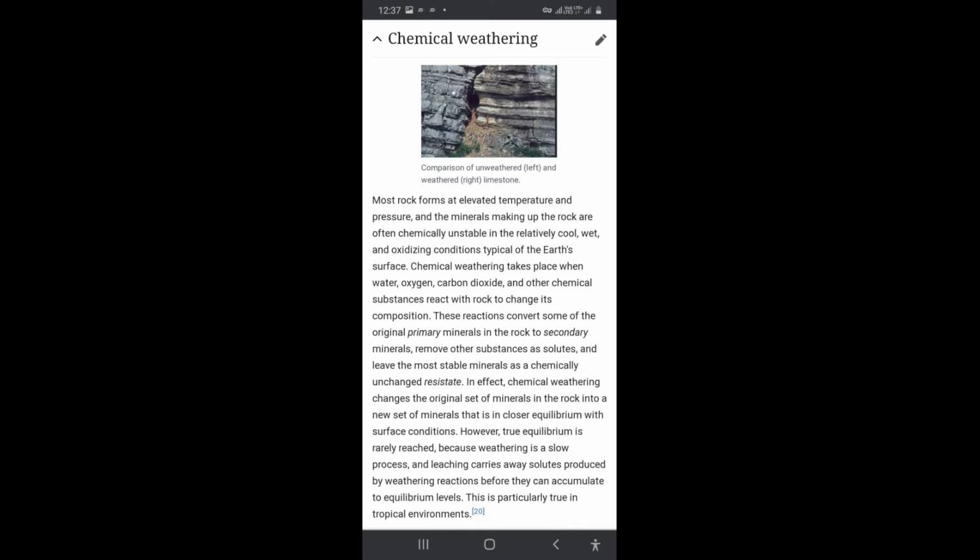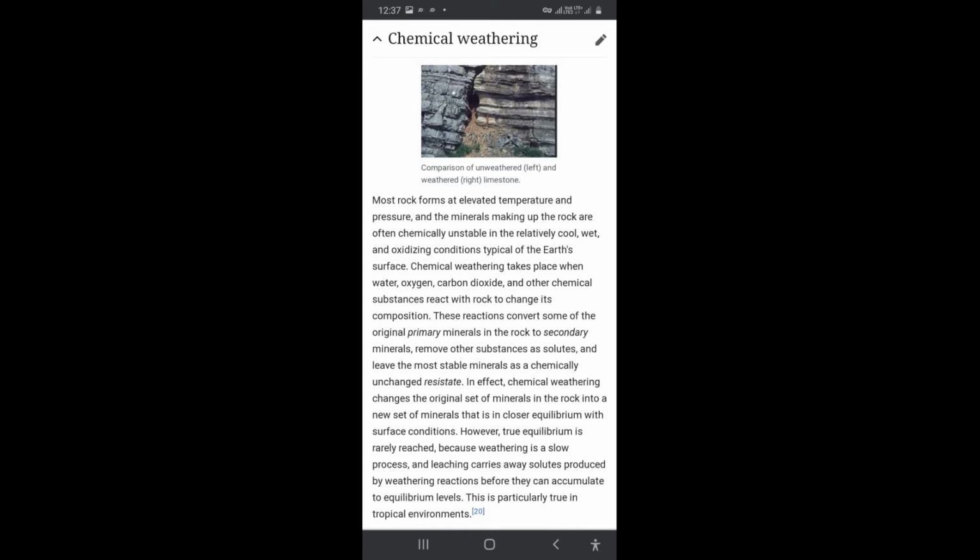Now, orthoclase, KAlSi3O8, plus H+, that is the ion from water, gives HAlSi3O8 plus K+, where HAlSi3O8 is a silicic acid like structure.